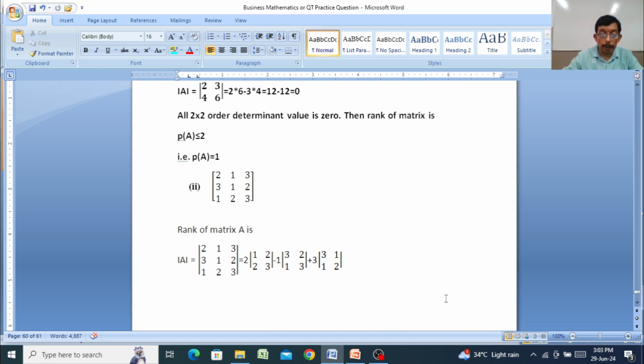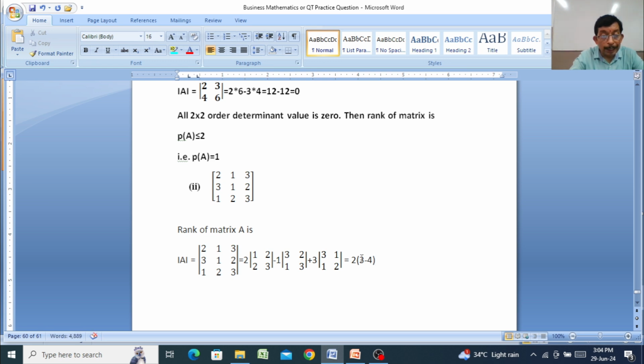Now solve in the second step. It is equal to 2 in the bracket. The second order determinant is the difference of the cross multiplication elements: 1 multiplied by 3 is 3, minus 2 times 2 is 4.